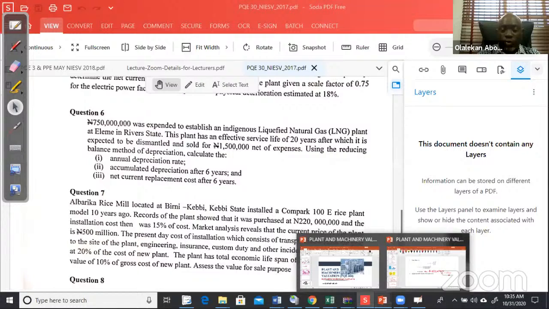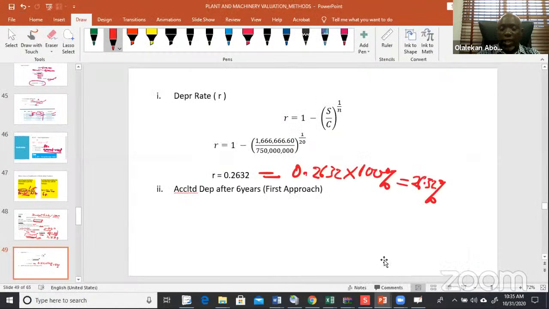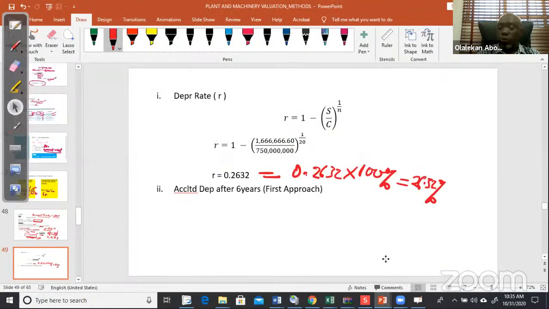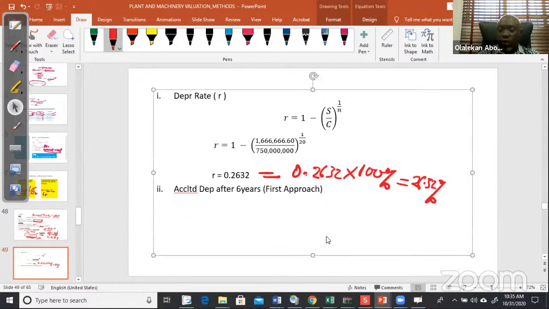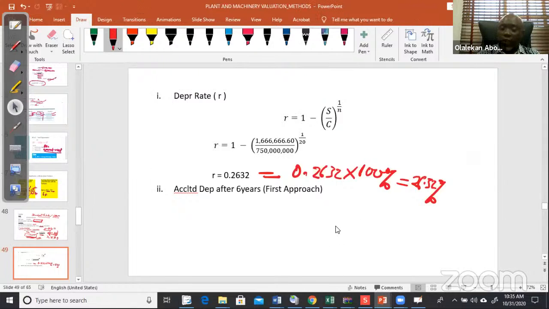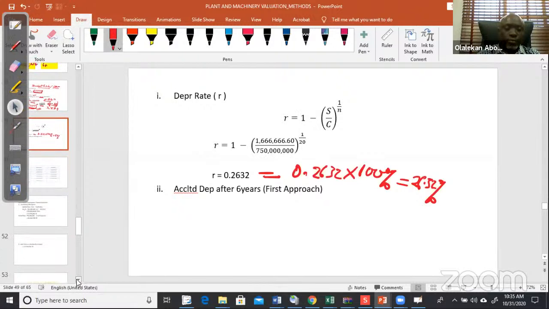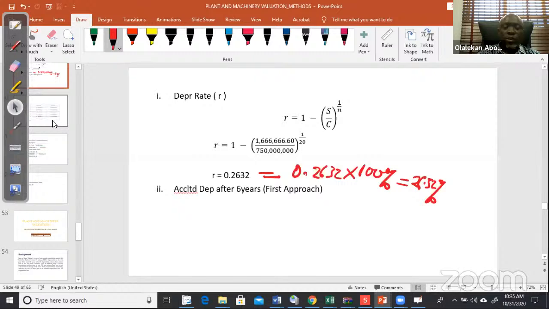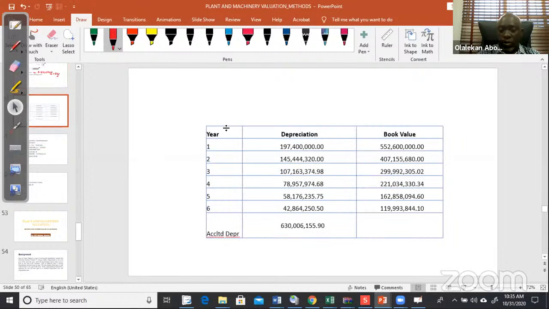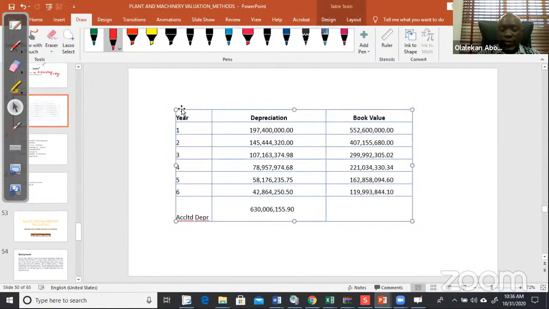Now, the second one says accumulated depreciation. To determine accumulated depreciation, I have two approaches, just for your convenience and knowledge. The first approach is using the spreadsheet, we use a table.